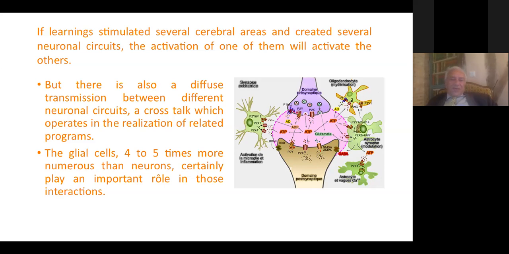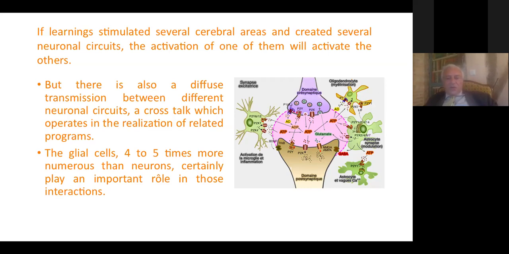And that's because there is a diffuse transmission between the different neuronal networks, a cross talk, which operates thanks to the glial cells. Glial cells are very important, much more important than neurons. They are much more numerous, and they have a great action in the interconnectionism.